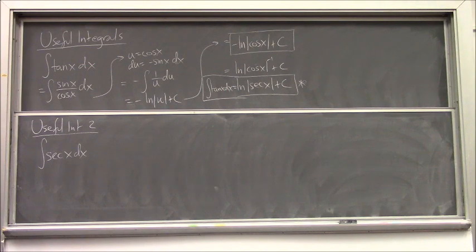Can you integrate cosine x to the negative first power? Sorry, quantity to the negative first. I don't know, can you? Yeah? Will rewriting that be the square root of 1 minus sine squared of x? Sure, is that helpful?